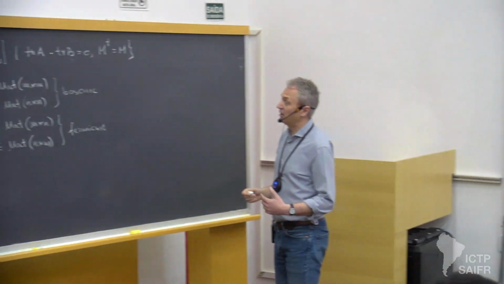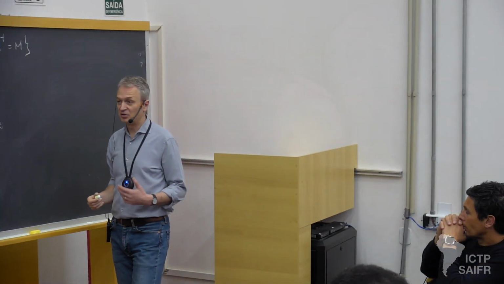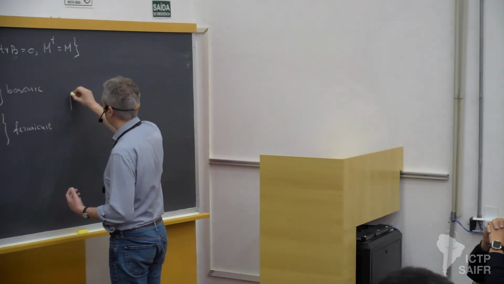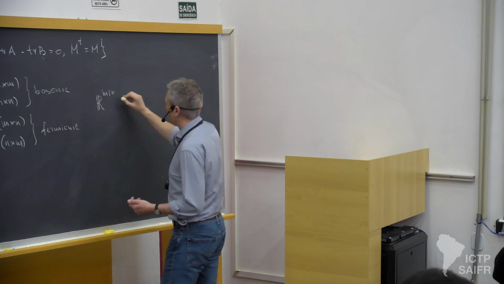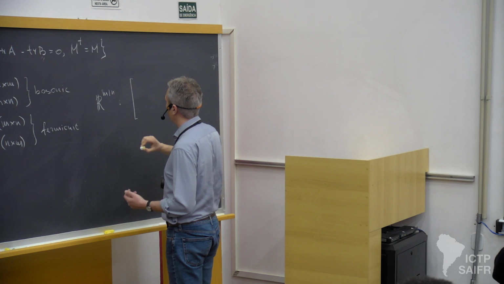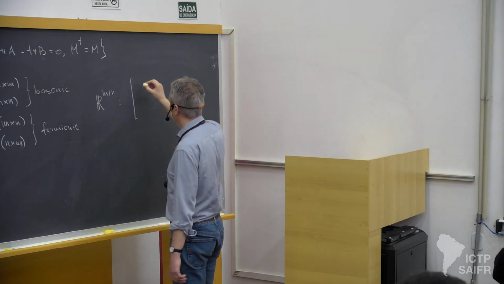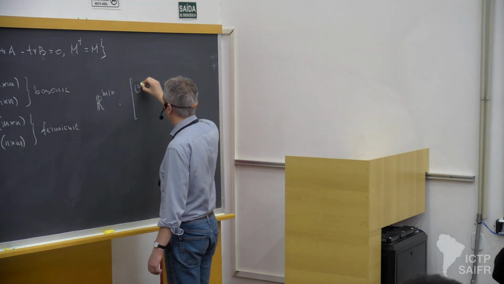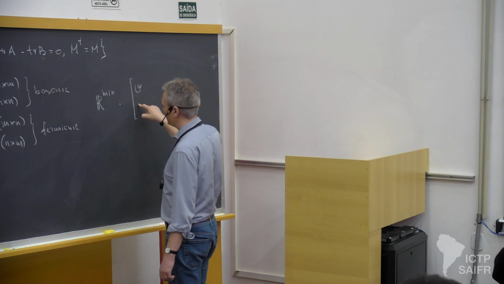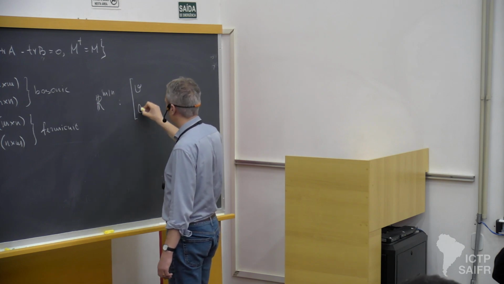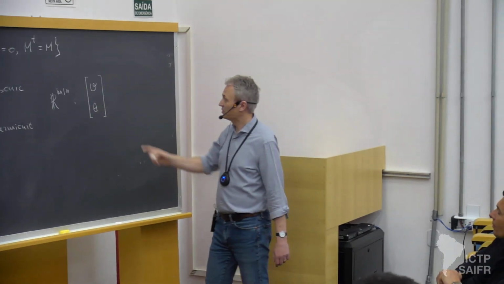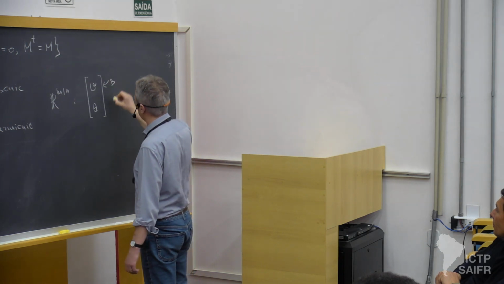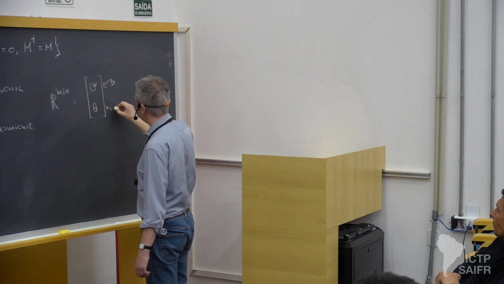So we can imagine these matrices to be linear transformations on the space that is usually referred to as R^(m|n). And this is a space where we have an m-dimensional vector v and an n-dimensional vector theta that are respectively bosonic and fermionic. So this is Grassmann parity even, and this is Grassmann parity odd.